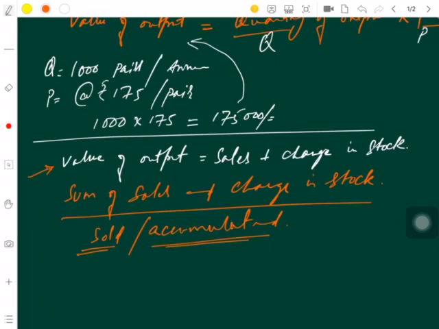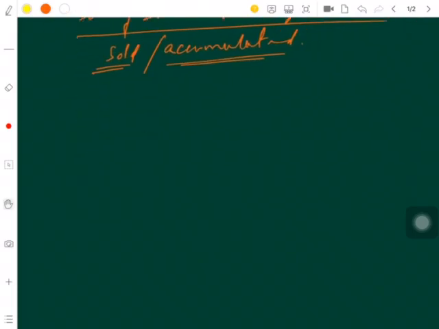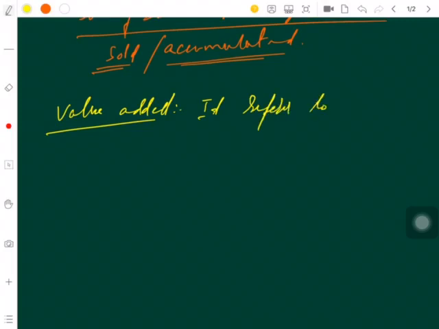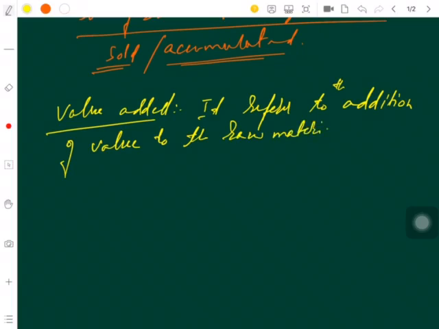So we now have two formulas to calculate value of output. Contrary to it, when we talk about the other concept, value added, it refers to the addition of value to the raw material, which could also be called intermediate goods, by a firm.